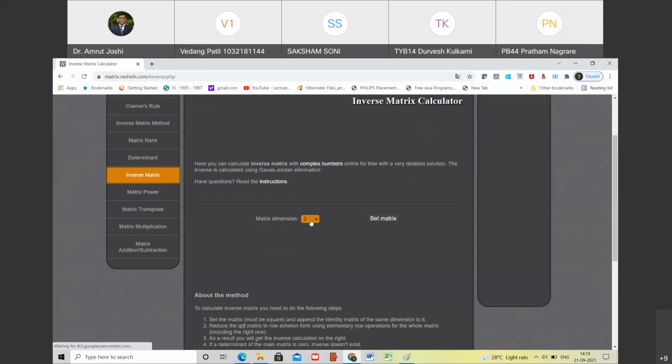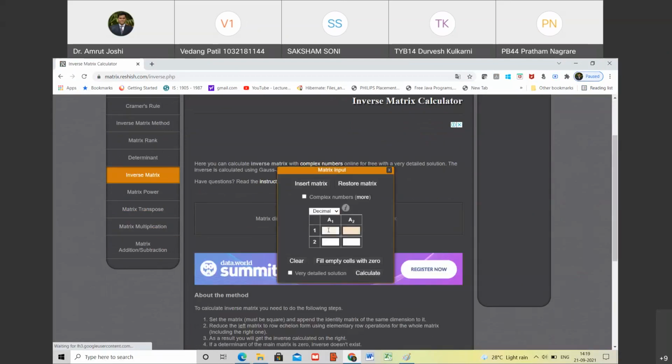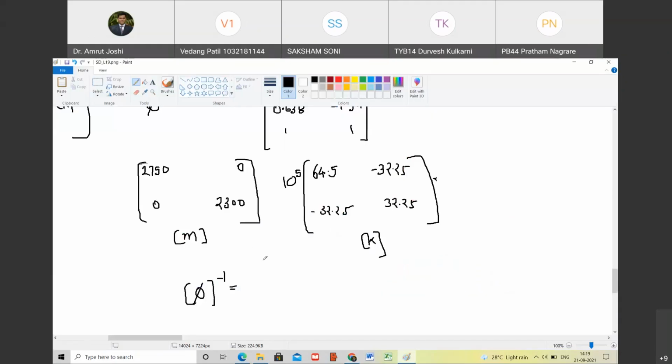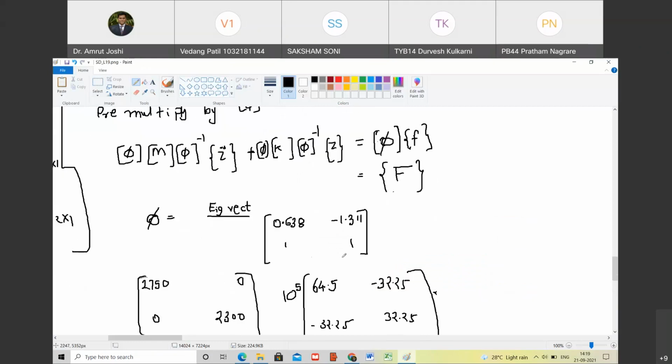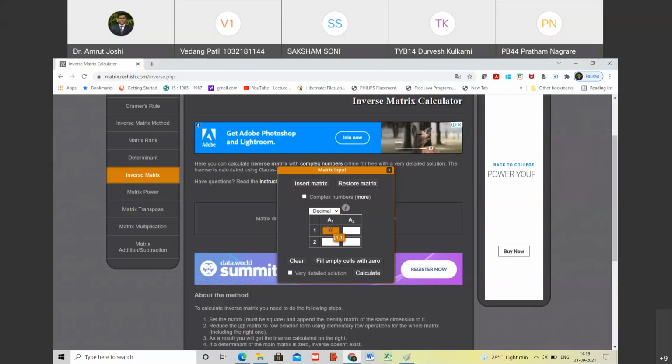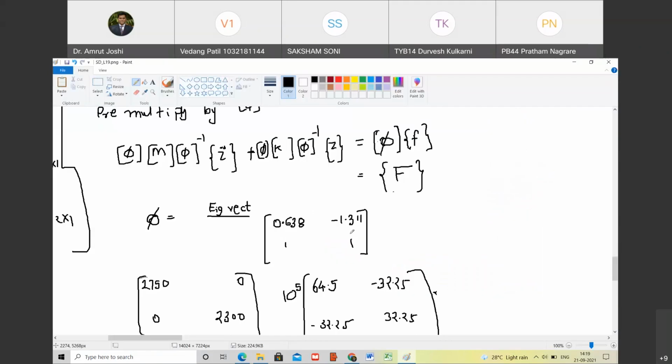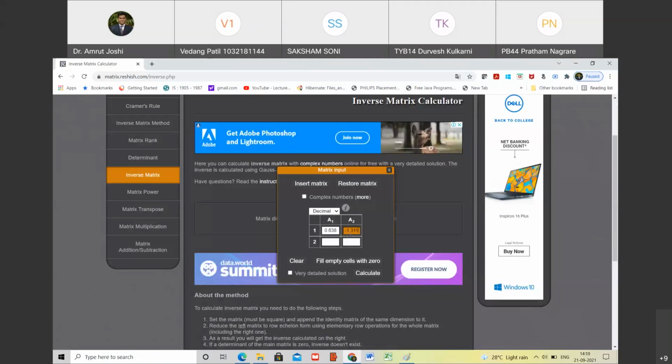So matrix dimension is 2. What is the phi matrix? Tell me. 0.638, minus 1.311.